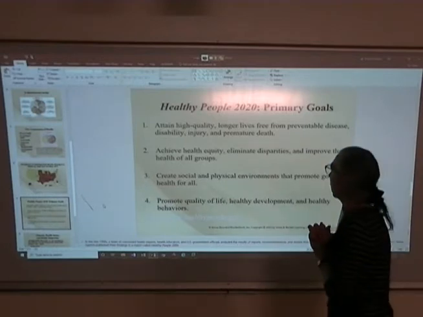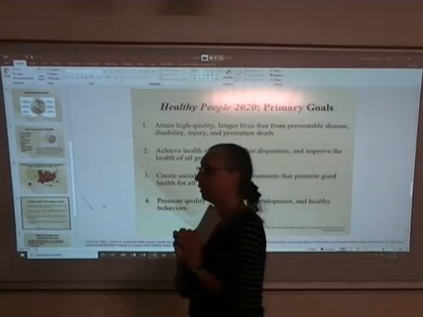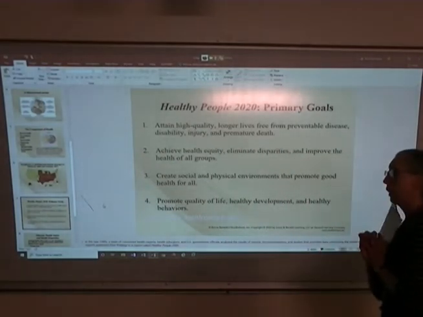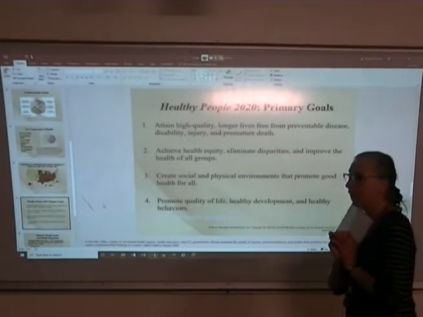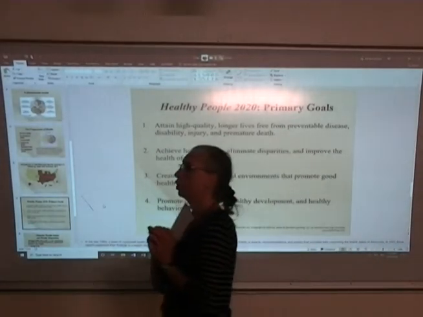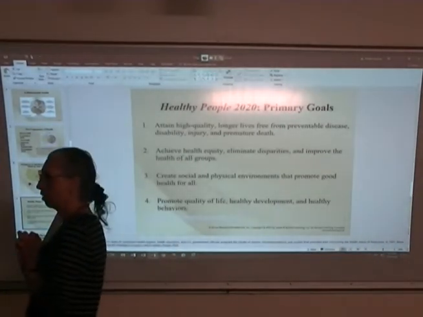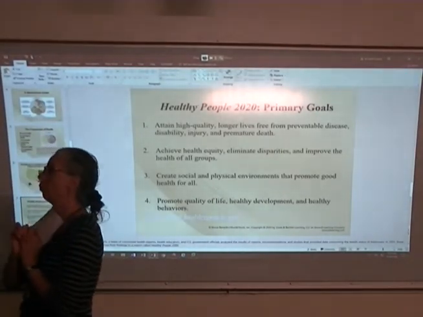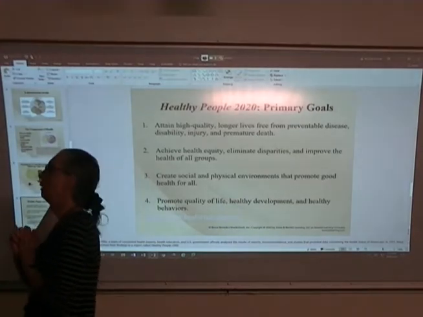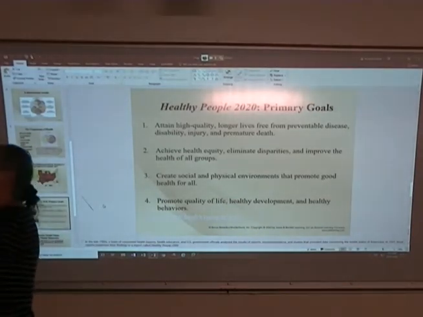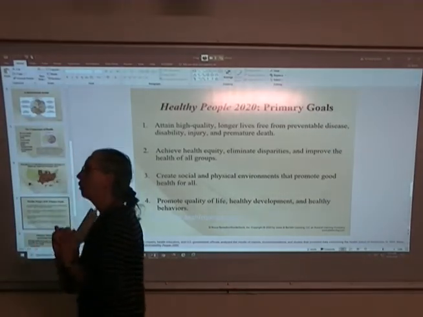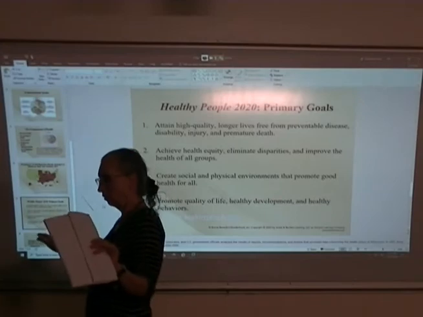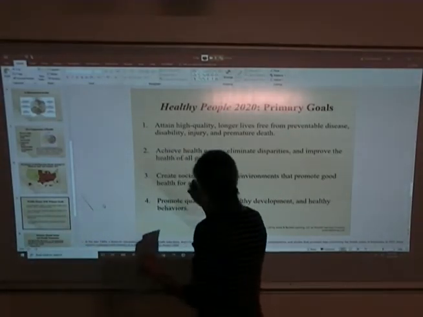Achieve health equity, eliminate disparities, because the health disparities in this country are huge. And improve the health of all groups. So not just white, middle class, rich people, everybody, white, poor people, people of all minorities who don't have access to equivalent health care.